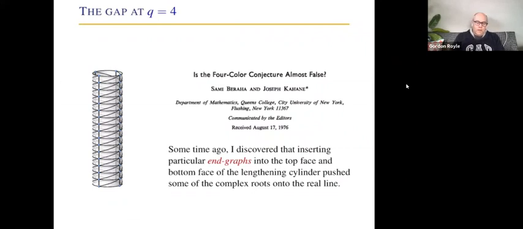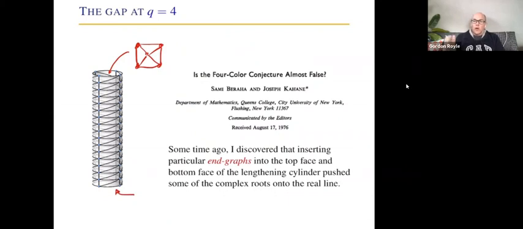Okay. Now, I discovered quite a few years ago that if I inserted into the top face, that top face is a 4 cycle, I'm going to put a triangulation of a square, just like the first graph that we found. This one doesn't work, but it's just an example. And I put a different triangulation of the square in the bottom face.